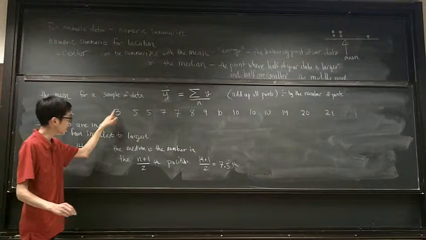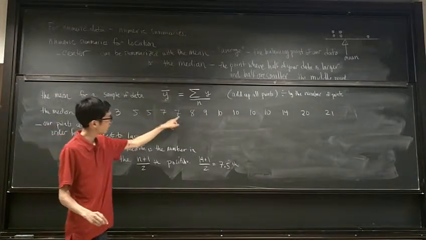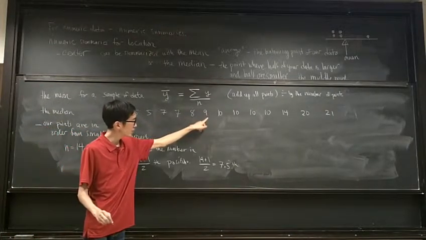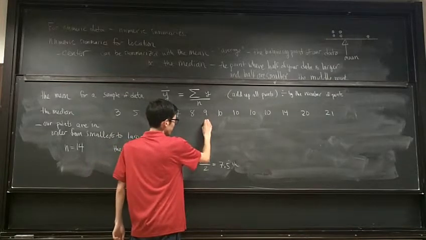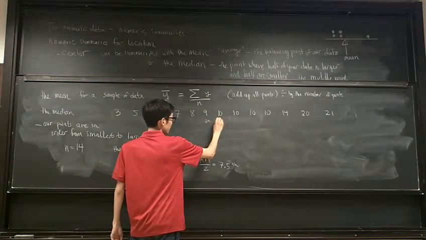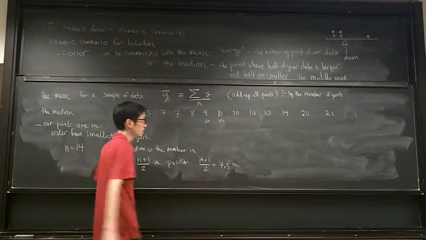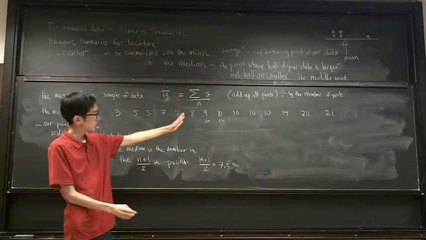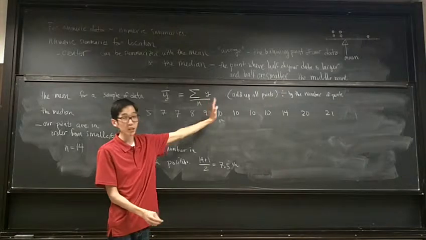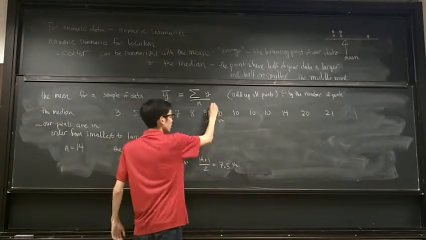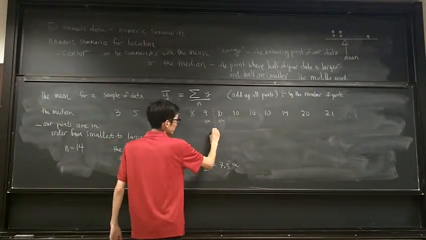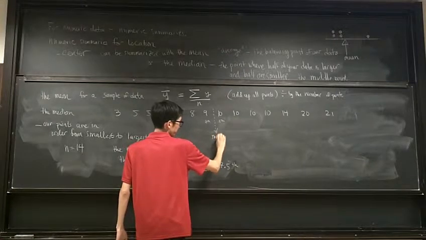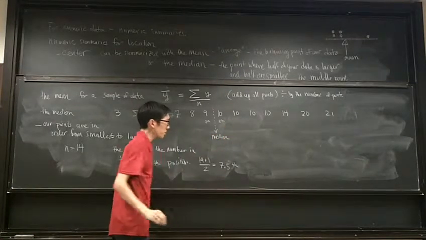I'm going to just count. I'm going to go 1, 2, 3, 4, 5, 6, 7. So this is my 7th place number, and this is my 8th place number. Okay? So the 7.5 number is the number that's in between this number and this number. So the median is right here. So what is my median?